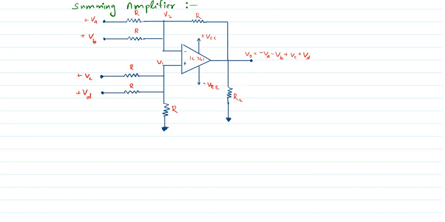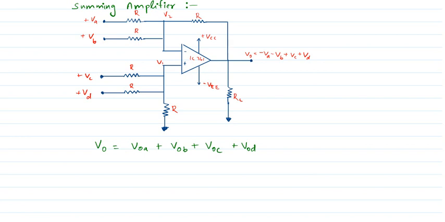For that we generalize that V output will be equal to VOA, where only the VA input is given to the terminal and the other inputs VB, VC, VD are 0, plus VOB, where only the input voltage VB is given and the other input voltages VA, VC, VD are made 0, plus VOC, where similarly VC is given and other values are 0, plus VOD, where VD is given and the other values are kept as 0.